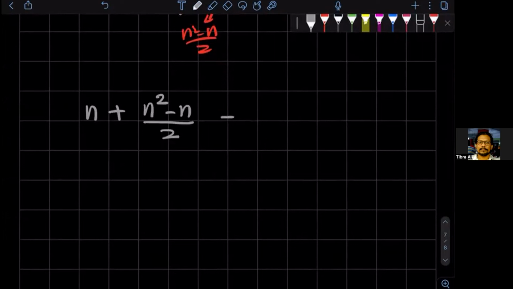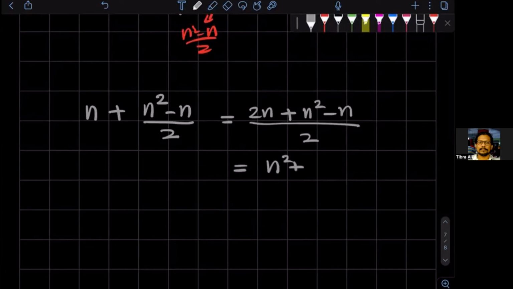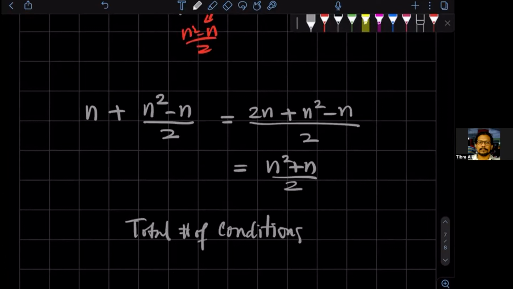Okay, and if I simplify this, I get (2n plus n squared minus n) over 2, or in other words, (n squared plus n) over 2. Okay, these are the total number of conditions.